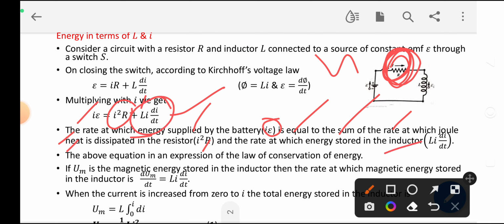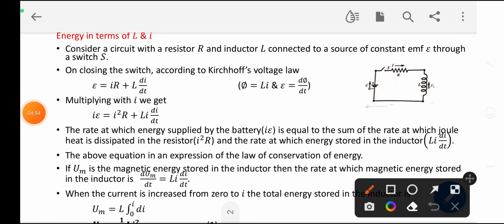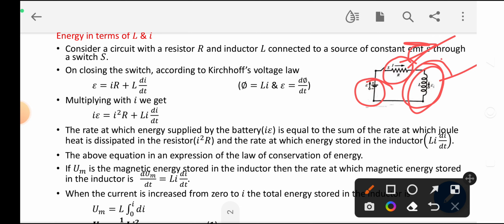Whatever power is supplied, in the resistor it is dissipated, wasted in the form of heat. But in the inductor power cannot be wasted; it appears in the form of L I di by dt.